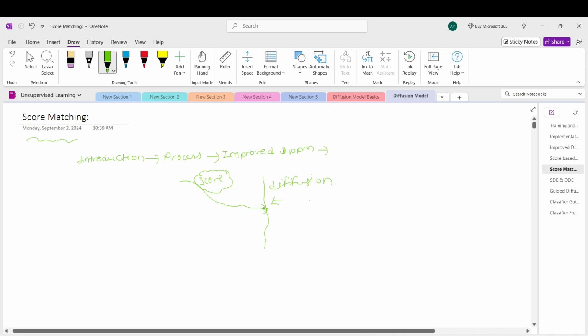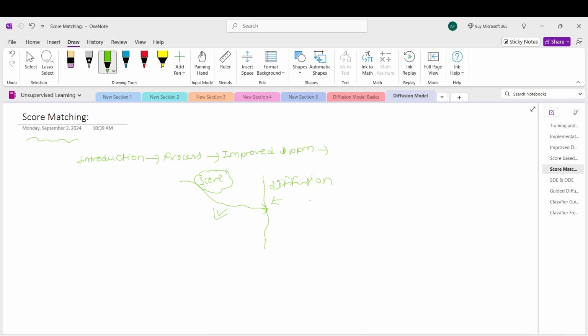In diffusion models it is very strong, and it has a very strong application in diffusion and also in other generative modeling spaces, such as energy based models and autoregressive models.